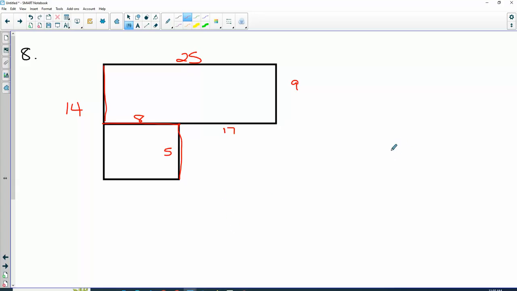So now, to get our area, you have to just do the two separate rectangles. Area is just length times width. So for the big rectangle, it's 25 times 9. For the small rectangle, it's 8 times 5.